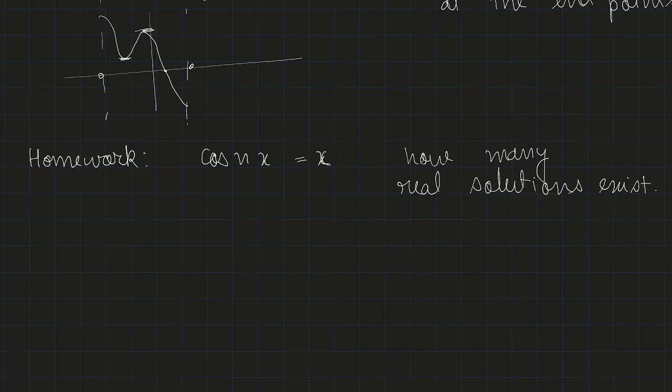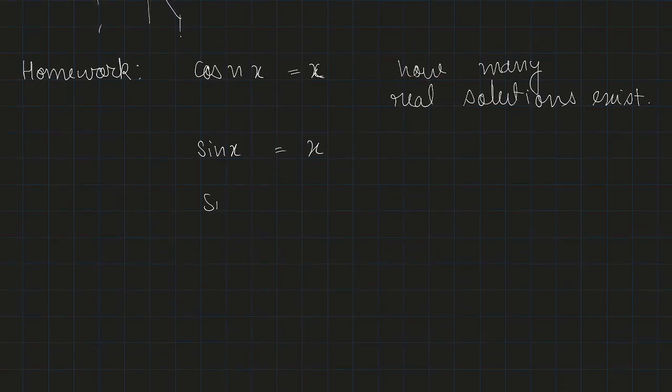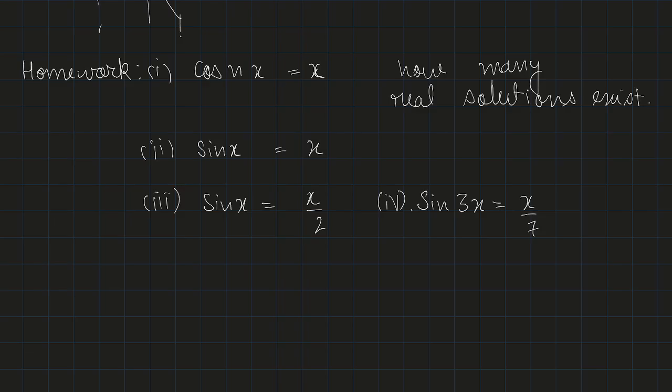If you want a relatively basic problem, you can try the number of real solutions for this, or we can have several variations of the same, for example this, or sine 3x equals x over 7. You have all these problems as a takeaway exercise for home. Okay, I hope you guys learned something in this.